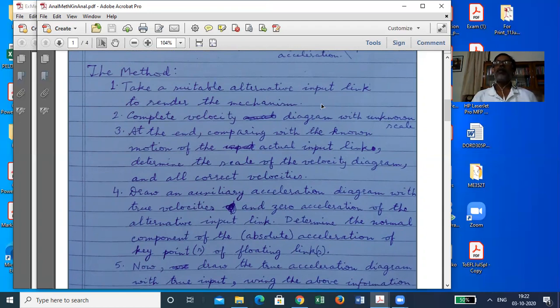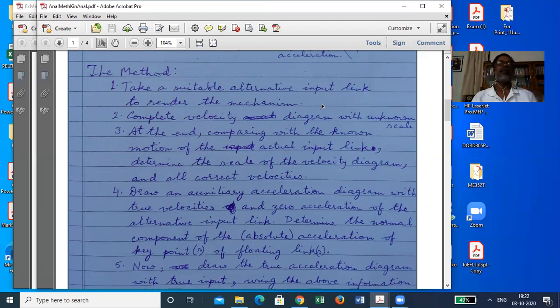You have to say that whatever is the angular velocity of that, with that angular velocity, whatever is the velocity of the next connection point, that velocity right now on my paper I am representing by 5 centimeter or 2 centimeter, whatever suits your paper size.